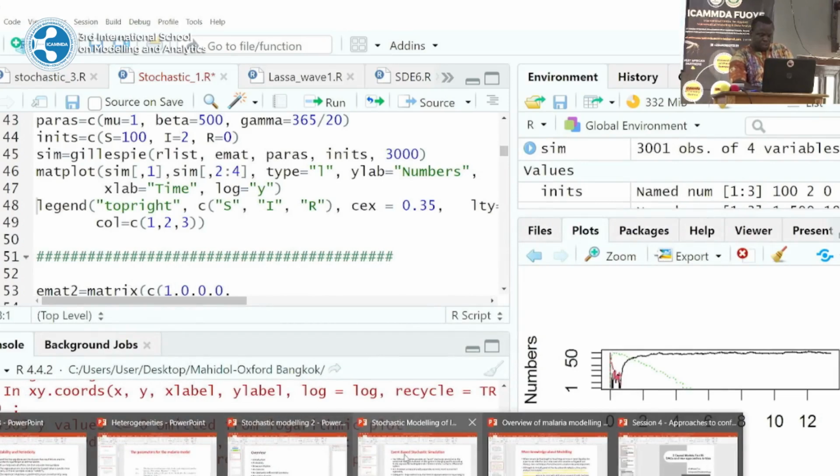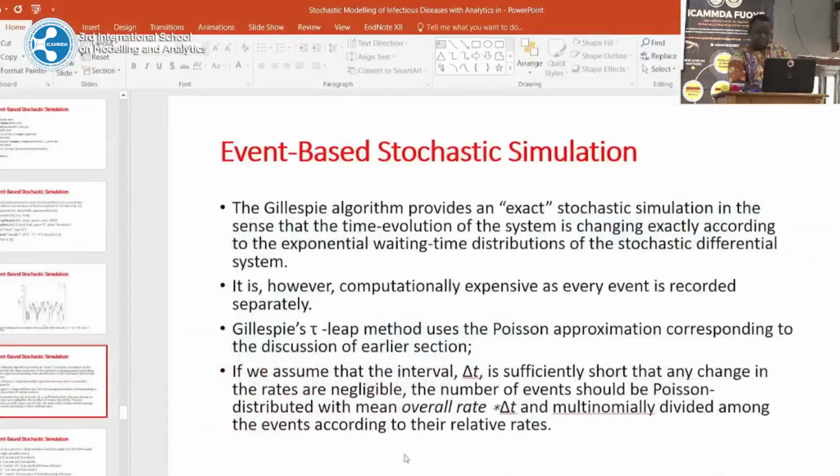So we'll look further. The Gillespie tau-leap method uses the Poisson approximation instead of the exponential. What's the Poisson? The Poisson estimation is the waiting time, like the one we use for queuing. You understand? This approximation corresponds to the discussion of the earlier section.